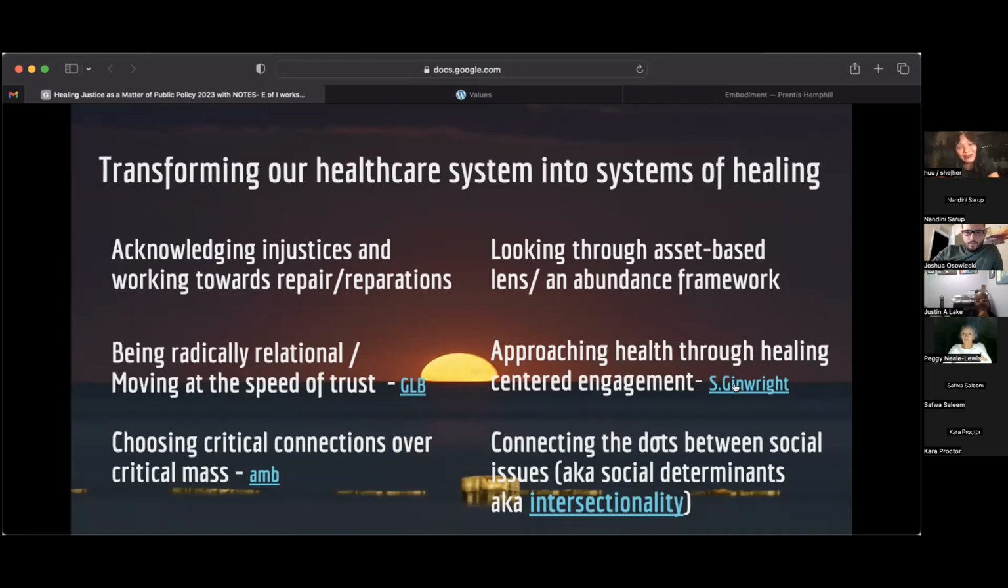I don't know if everybody had the chance to read the article that Dr. Ginwright wrote, but in there he shares that he's working with African young men, and all of them have experienced some form of trauma ranging from sexual abuse, violence, homelessness, abandonment, or all of the above.